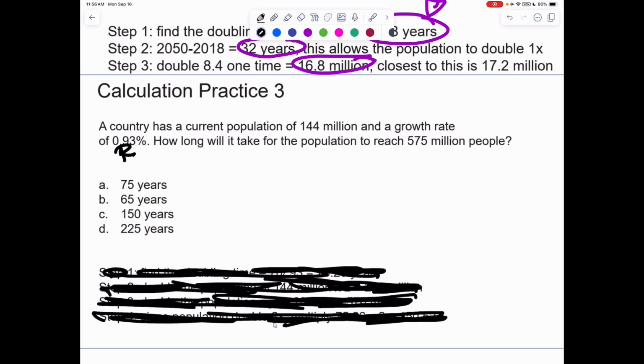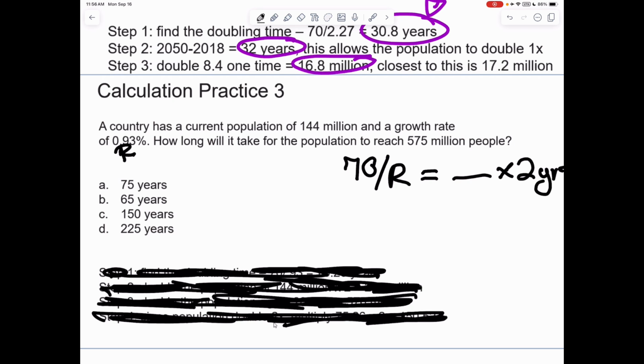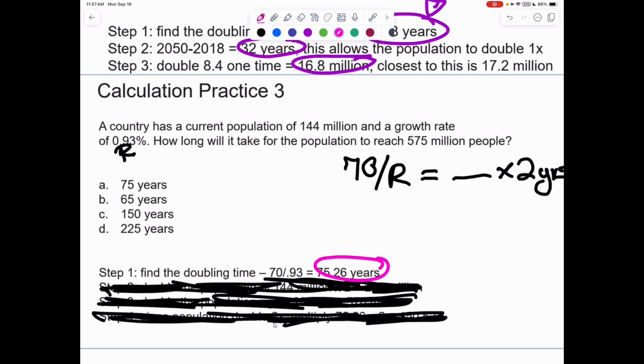My equation, again, 70 divided by R equals our doubling years. How much time does it take for the population to double? So let's just do that math real fast. Our doubling years is 75.26 years. That's super important. Okay, so that's how many years it takes to double.